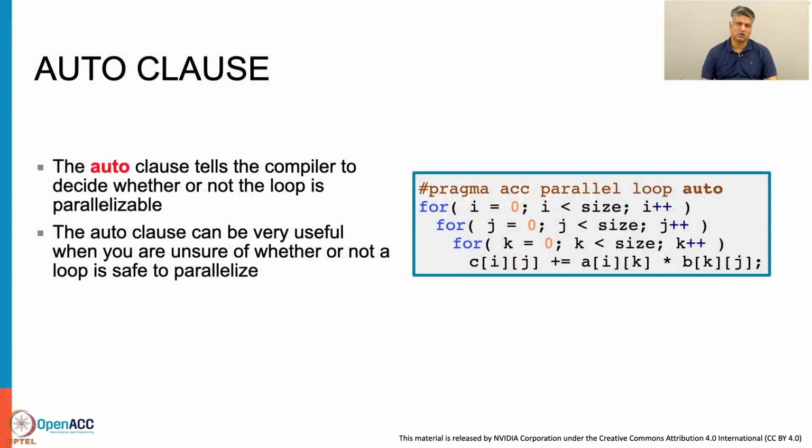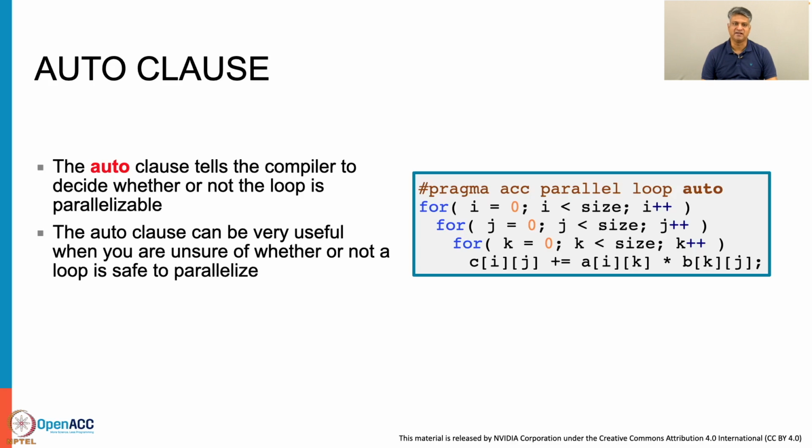One of the first clauses that we will use is called the auto clause. The auto clause gives control to the compiler, and it tells the compiler to decide which loop is parallelizable or not. This clause is really useful if you are unsure about the mathematics underneath the code and you do not know which loop is safe to parallelize or which loop is unsafe because of certain data dependencies.